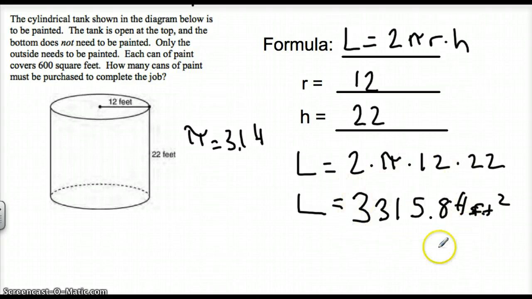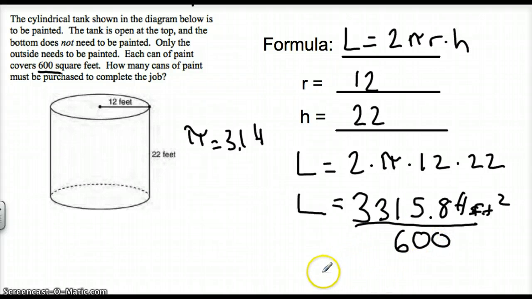If this is the total area that we need to paint, and each can covers 600 square feet, what we need to do finally is just divide it. So we're going to take the lateral area and divide that by 600, because that's how many cans of paint we'll need.